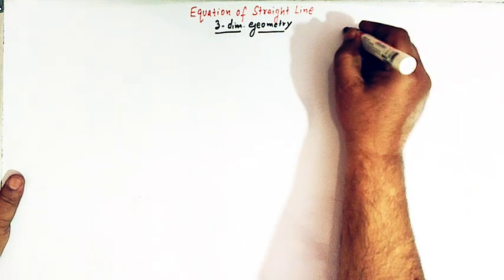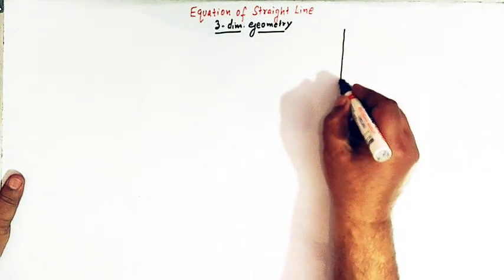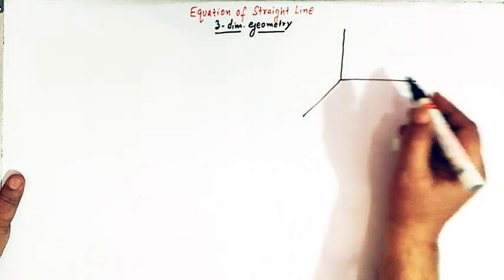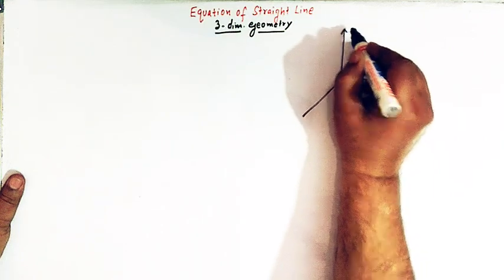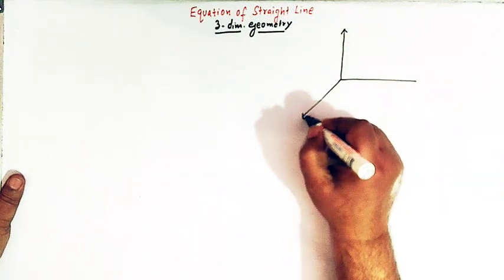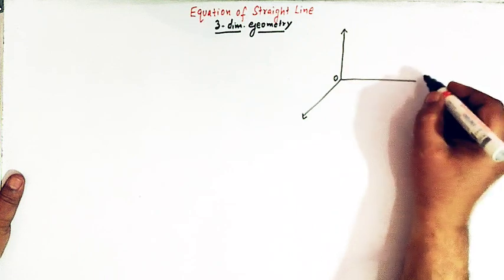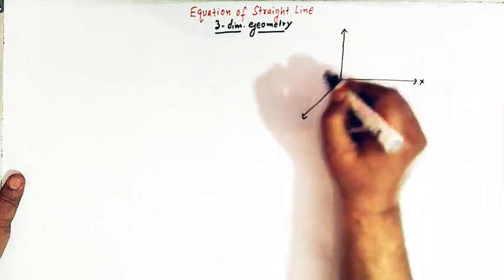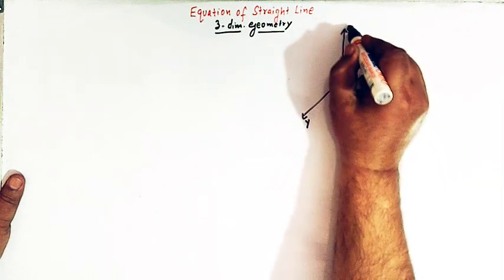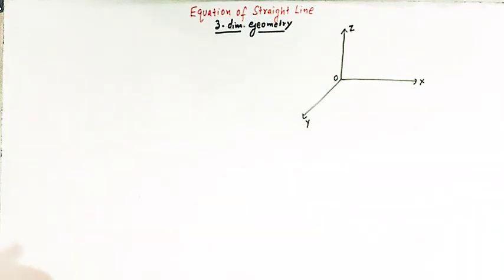So let us first consider the coordinate axes. Here we have the three mutually perpendicular axes, and this is our origin. This is the x-axis, this is the y-axis, and this is the z-axis.